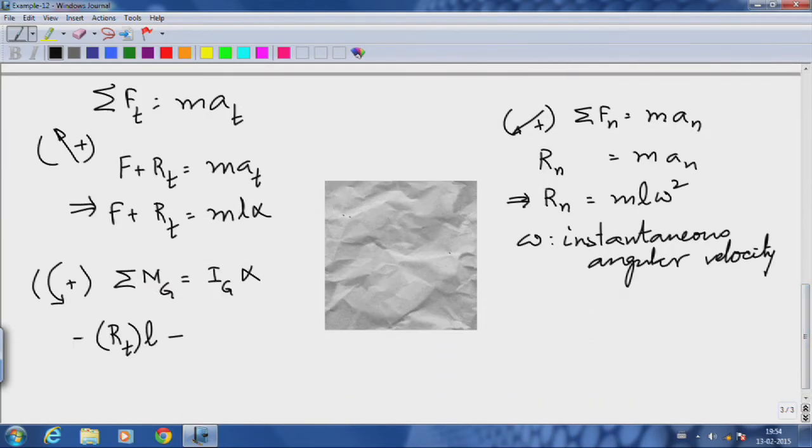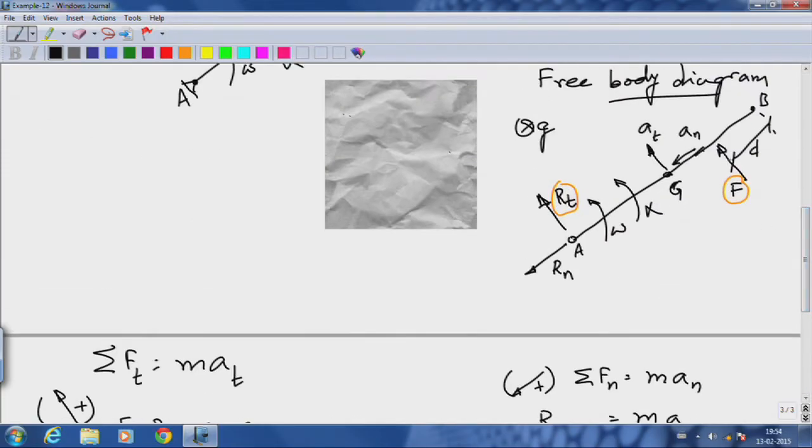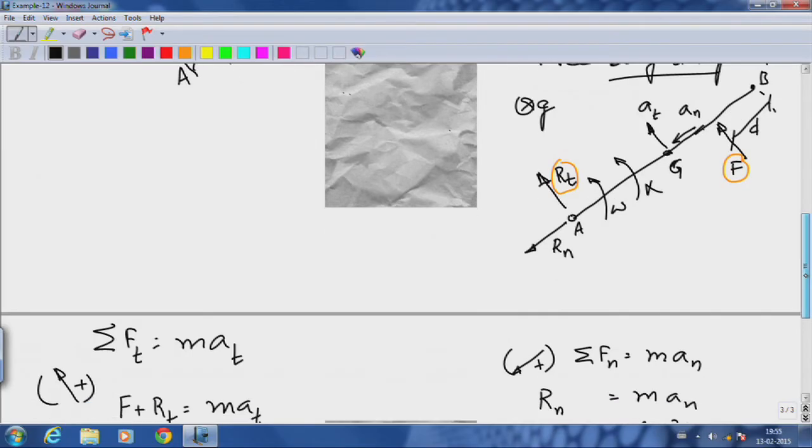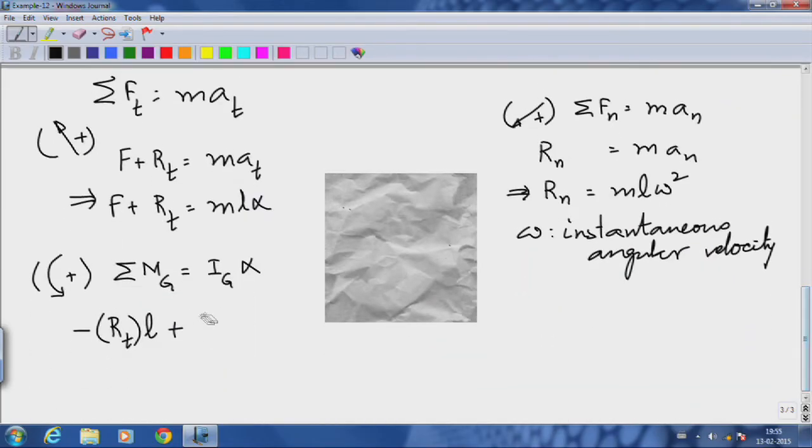So, in this sense that takes on a negative sign. F on the other hand causes a counterclockwise moment. So, F times L minus D equals Ig, which in this case is ml squared over 12 times alpha.